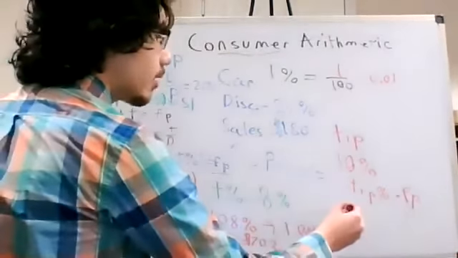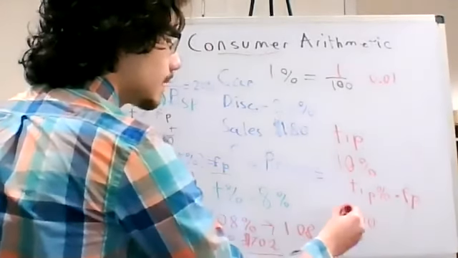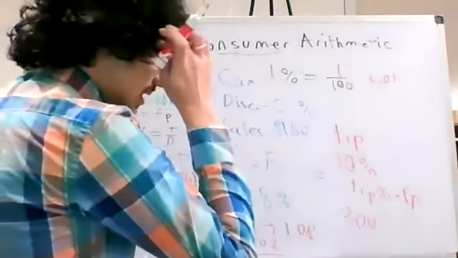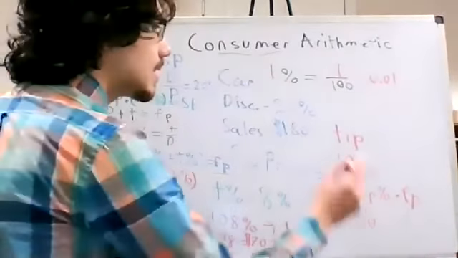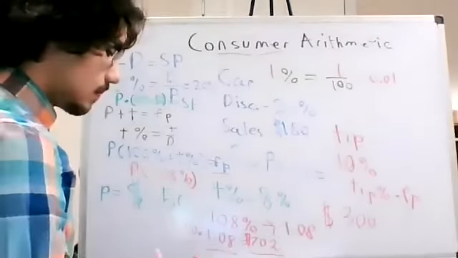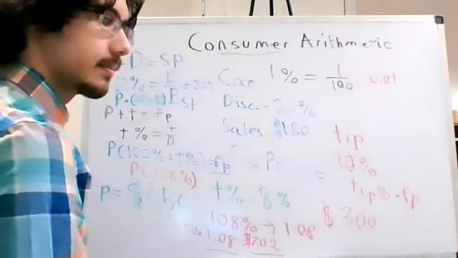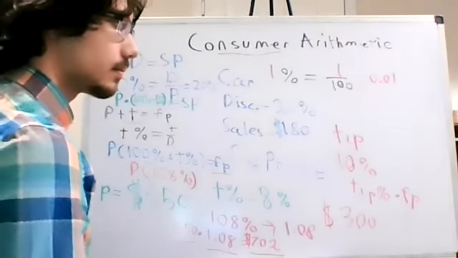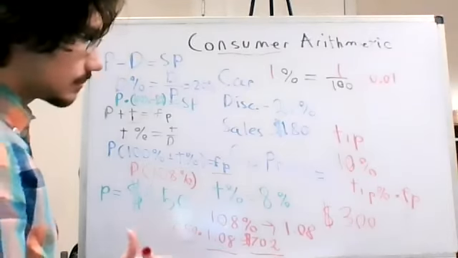So if you had a final price of $300 and you wanted to tip 10%, what would the tip be? $300 is the final price, right?